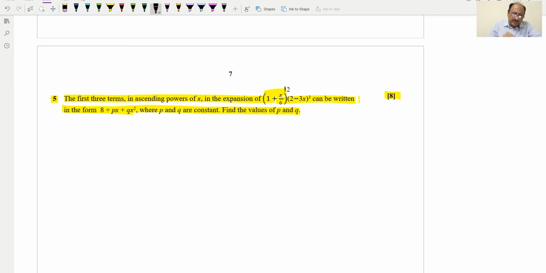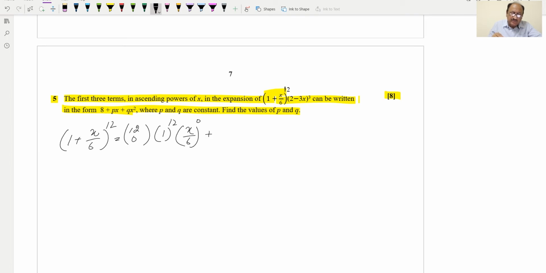So now we can expand these separately. 1 plus x by 6 whole raised to the power 12. If we expand this, first of all it is 12c0 and 1 raised to the power 12, and x over 6 raised to the power 0.